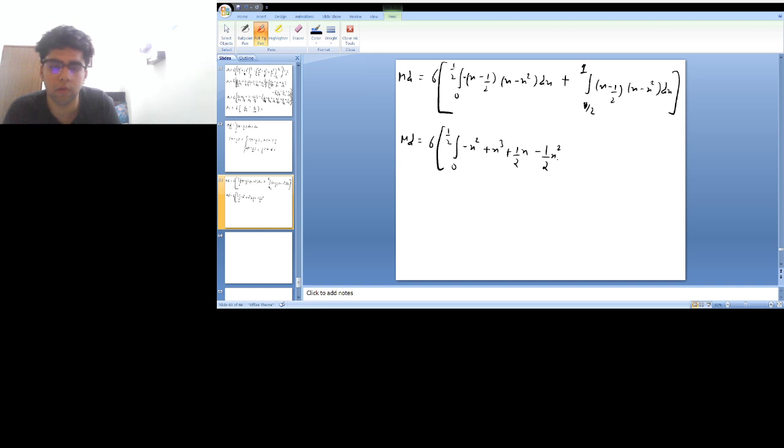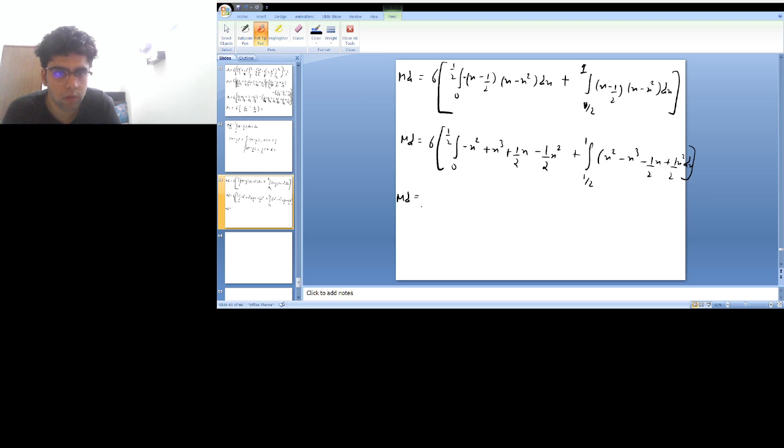And here I have half to 1, x square minus x cube minus half x plus half x square dx, and another bracket here, right?